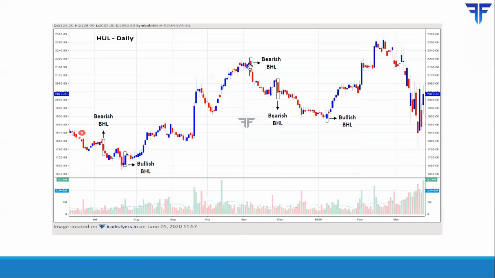If you look at the prior 5-6 days of price action, price was also in a very lateral, sideways range, which warns that the buyers are possibly exhausted. And once the bearish belt hold line pattern appeared over here, there was no looking back. The high of the bearish belt hold line was not broken on the subsequent day, and the low broke, which signaled that we could see lower prices in HUL going forward.